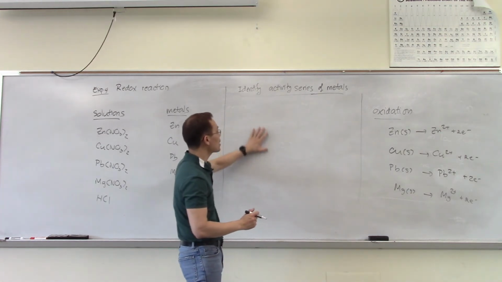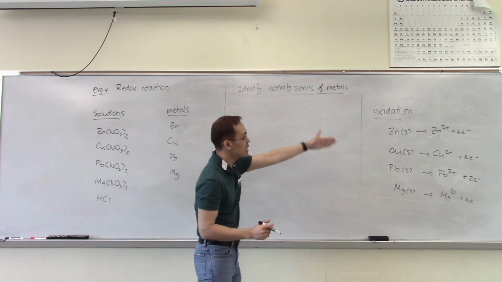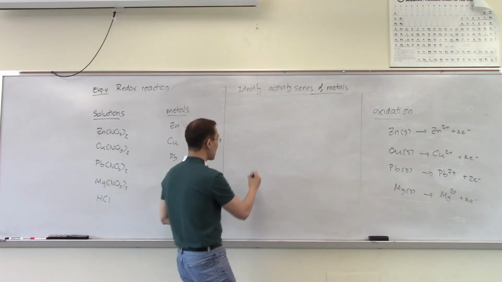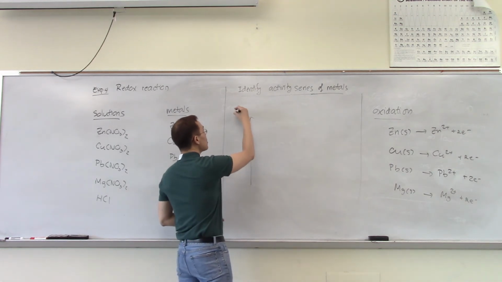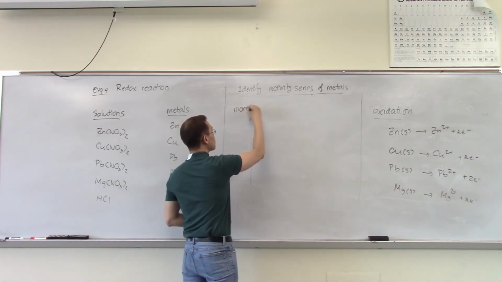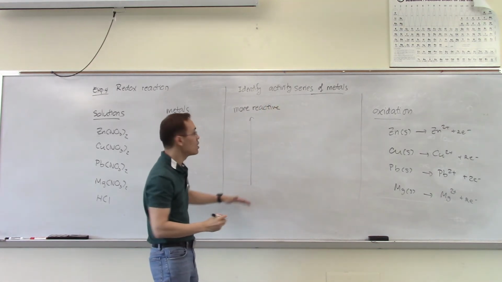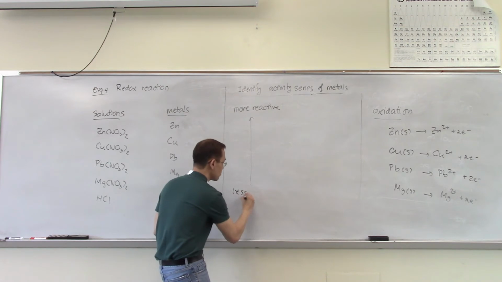So when you construct the activity series, you have to place these 4 half oxidation reactions. The higher on the table will be the more reactive, and then at the bottom will be the least reactive.